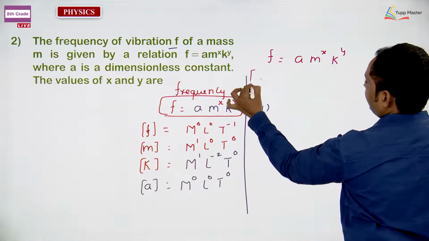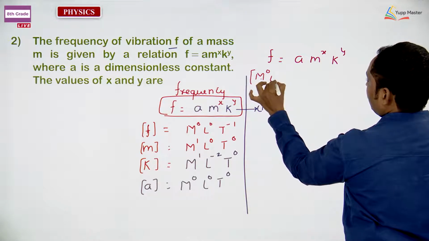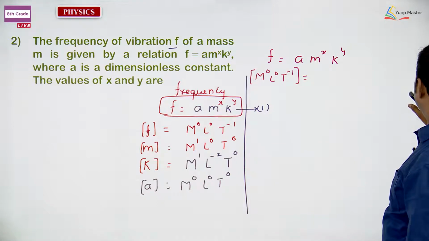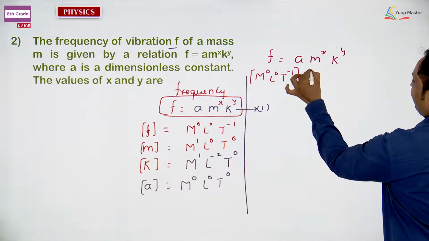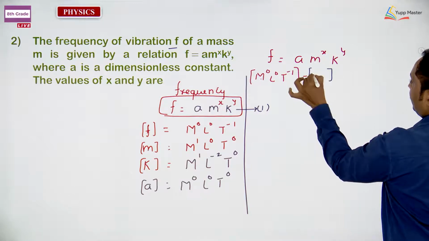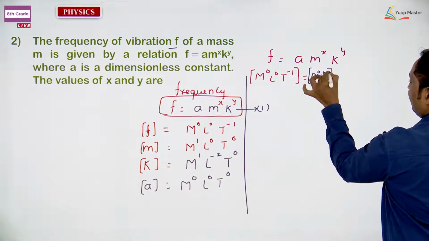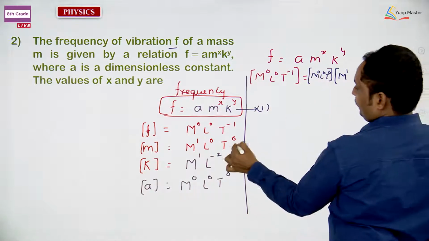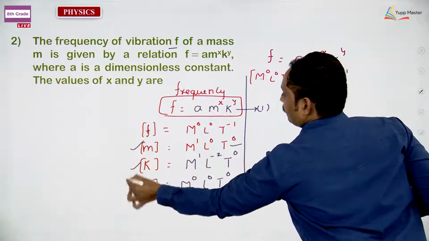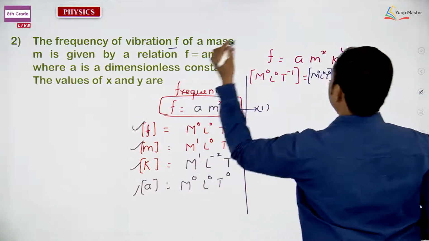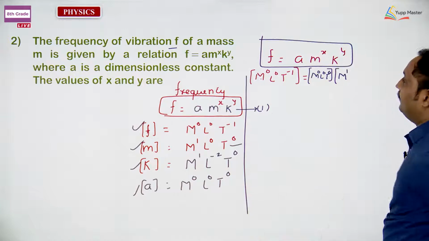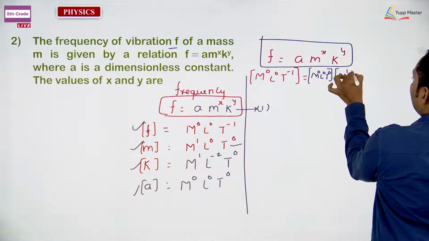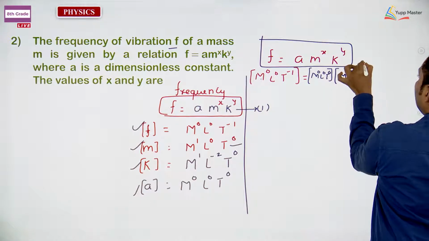So m power 0, L power 0, t power minus 1 is equal to, for a, m power 0, L power 0, t power 0. For m, we take m power x, substituted in this expression: m power 1, L power 0, t power 0, whole power x. We will solve this.